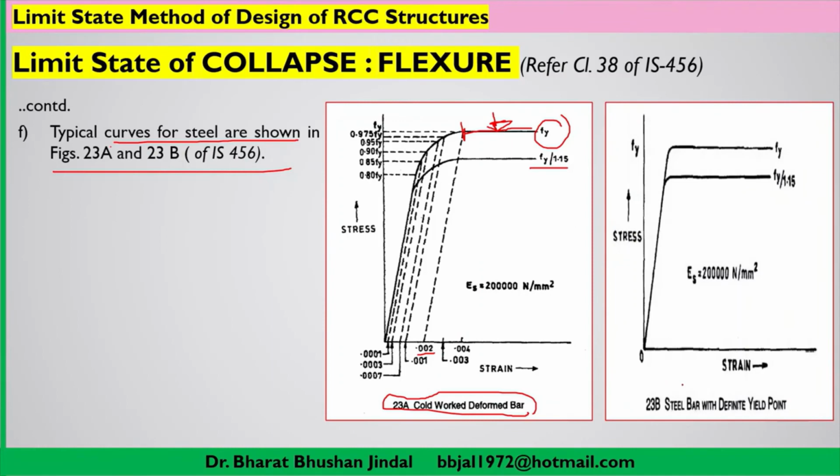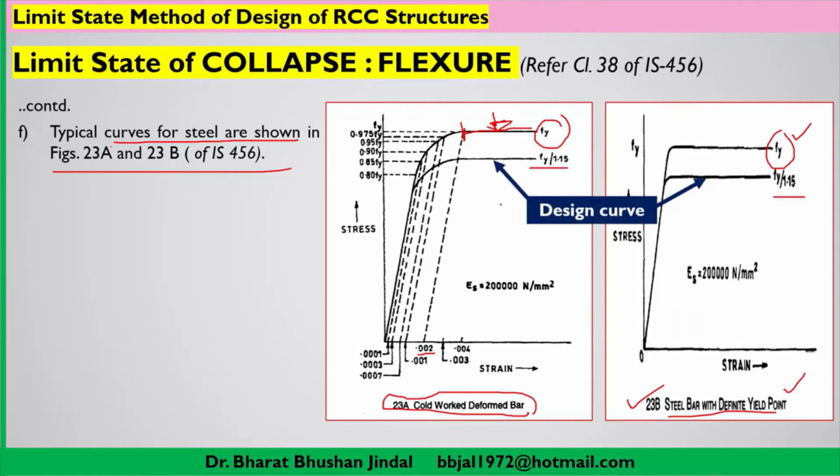And similarly, this is another graph which is recommended by IS 456, if you know the definite yield point, that means you are aware of the actual yield point. In this graph it will be a straight line, and later on it will curve. So fy is again the yield strength of that particular steel, and we will be dividing it by 1.15.